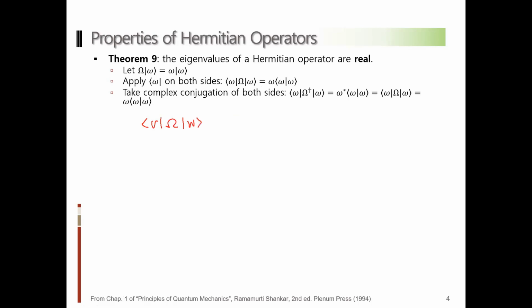Let's say the bra v, then the linear operator omega, and then another vector w. Here we are not assuming any kind of special property. So my question is, what happens if I take the complex conjugation of the entire value?